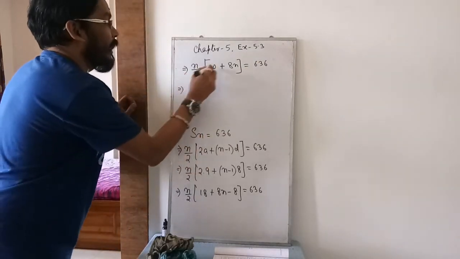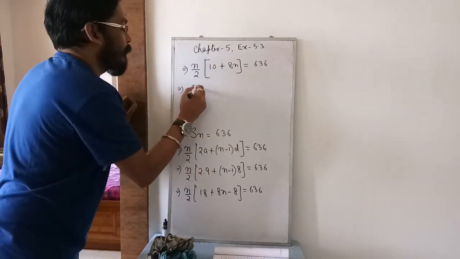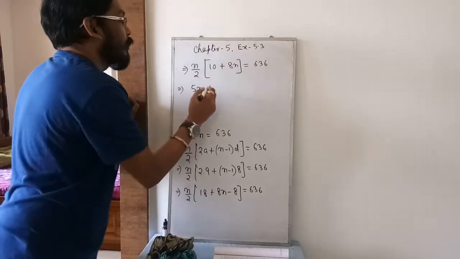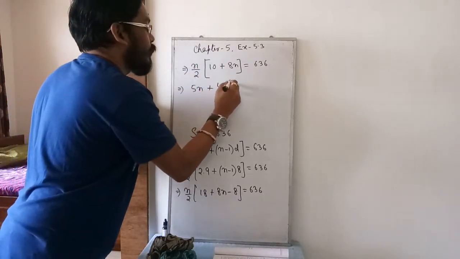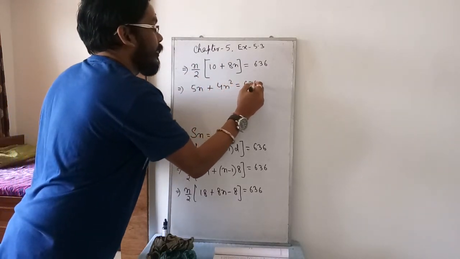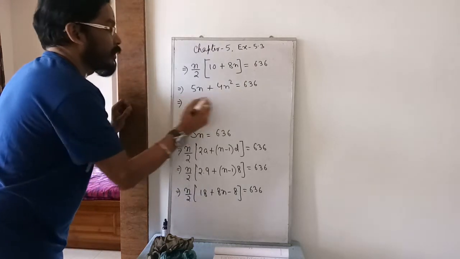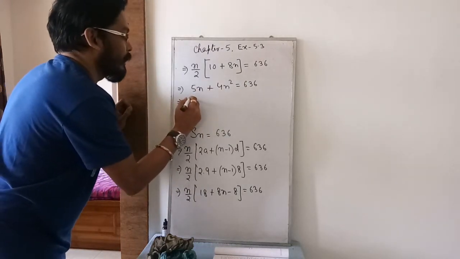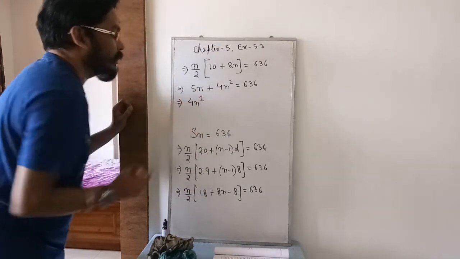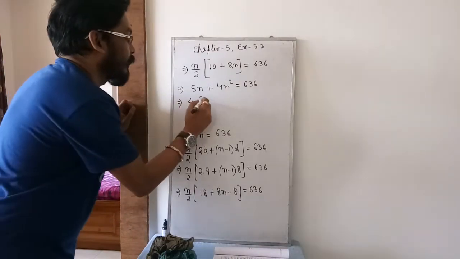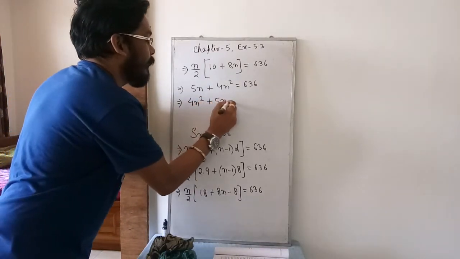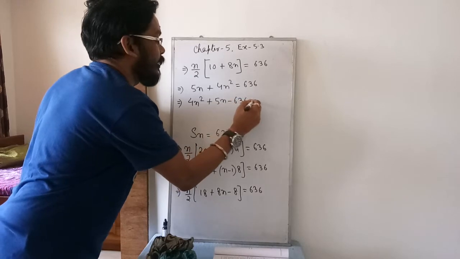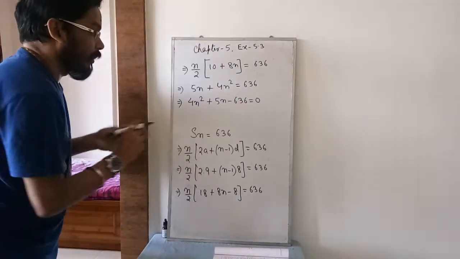If you multiply n by 2 into 10, it is 5n. n by 2 into 8 is 4n square, equal to 636. Let me shift everything to the left hand side, arranged according to highest power: 4n square plus 5n minus 636 equal to 0.